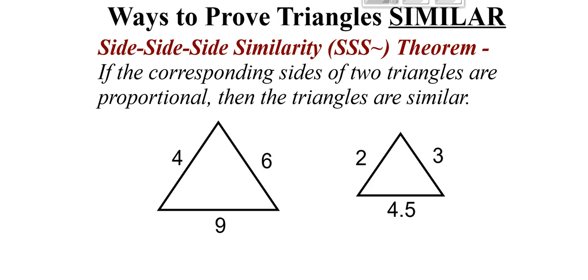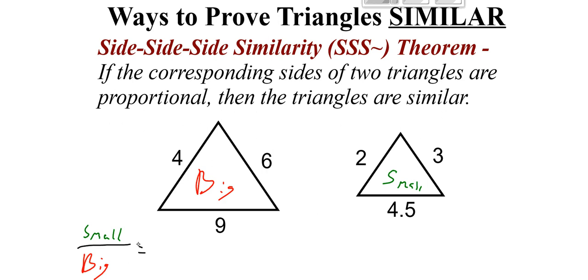So as I'm thinking about this, I can call this my big triangle. I'm going to call this my small triangle. So now if I set a proportion of small over big, I'm going to set up proportions based upon the sides.